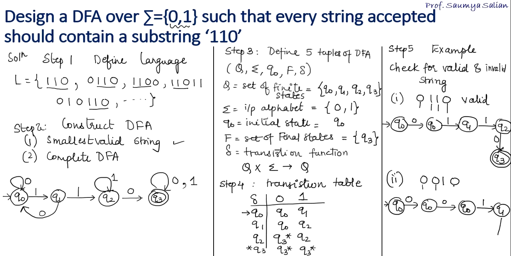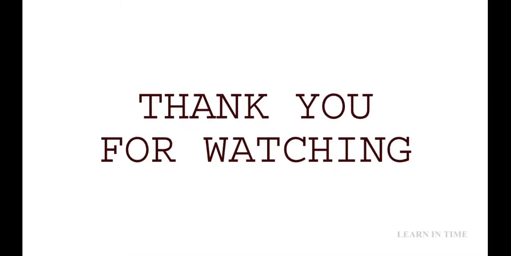Next input is 0. Q1 on 0 goes where? It goes to state Q0. So, for an invalid string, I am not reaching final state. I am reaching, at the end of the transition, Q0, which is a non-final state. This indicates that our DFA is correct, and this is how you should be writing the answer by mentioning 5 steps in your university exams.